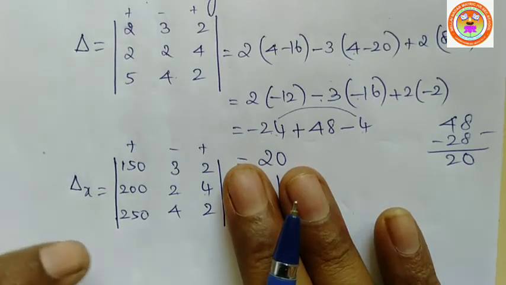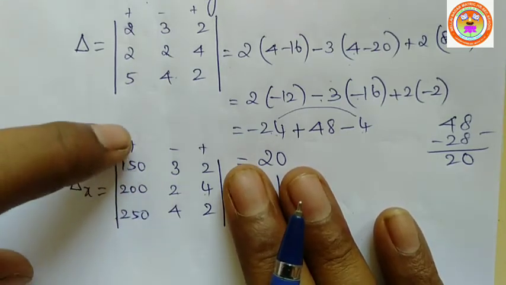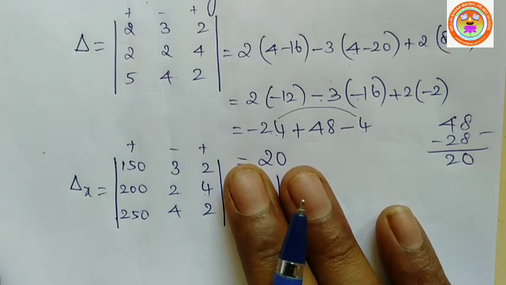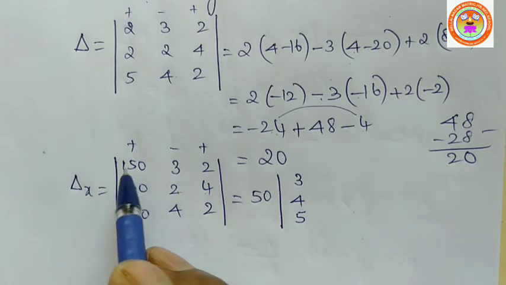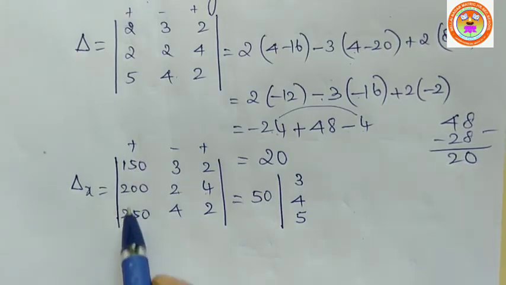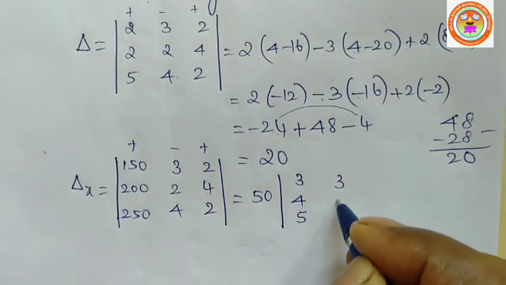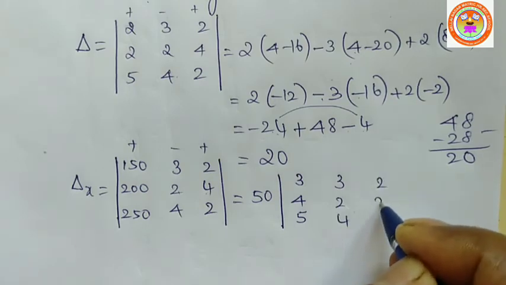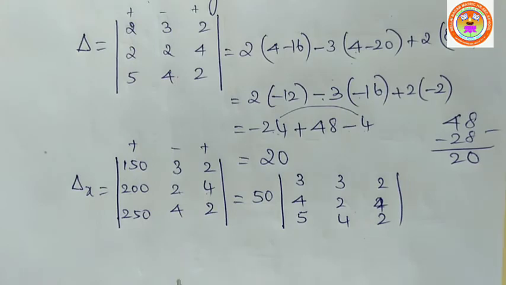We can expand this also, no problem. But the problem is, we have to multiply a very big number. So, in order to convert this into a small number, we took the common term 50 outside. Now see, the numbers are very small. Then 3, 2, 4, 2, 4, 2. Now the expansion is very simple, right?